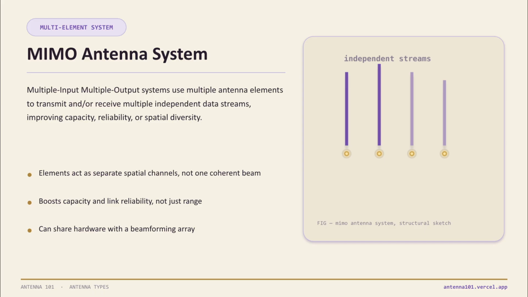Unlike a traditional beamforming array, where multiple elements are often combined coherently to control the radiation pattern, a MIMO system can use the different antennas as separate spatial channels. In practice, the same antenna system can sometimes support both MIMO and beamforming.